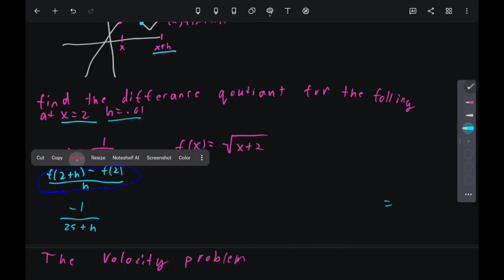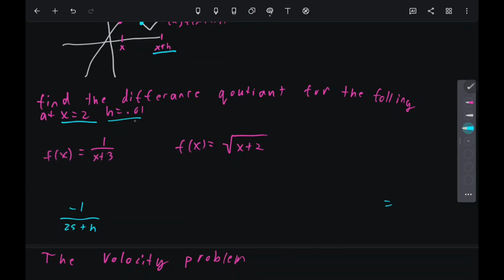Wait, I did forget one last thing. I did say approximate it when h is 0.01. So we do negative 1 over 5 times 5.01, which is 25.01. And for the slope of our secant line, with that approximation for h, we will get negative 1 divided by 25.01.